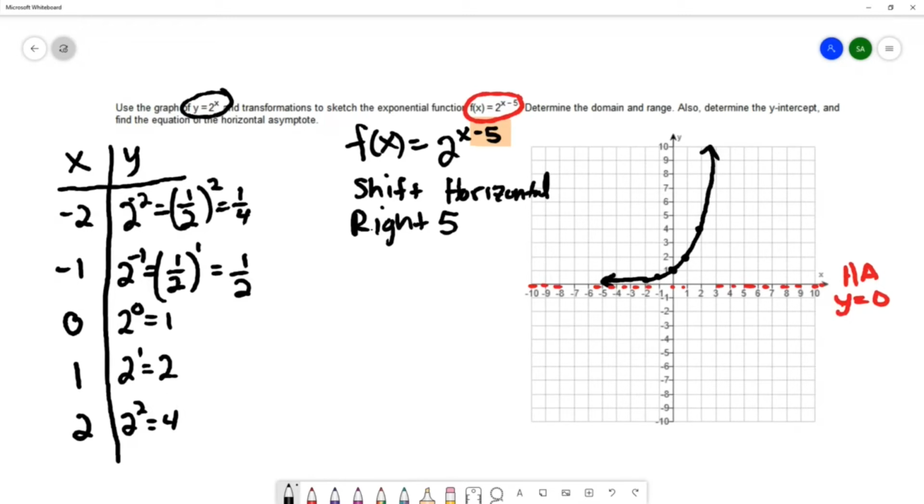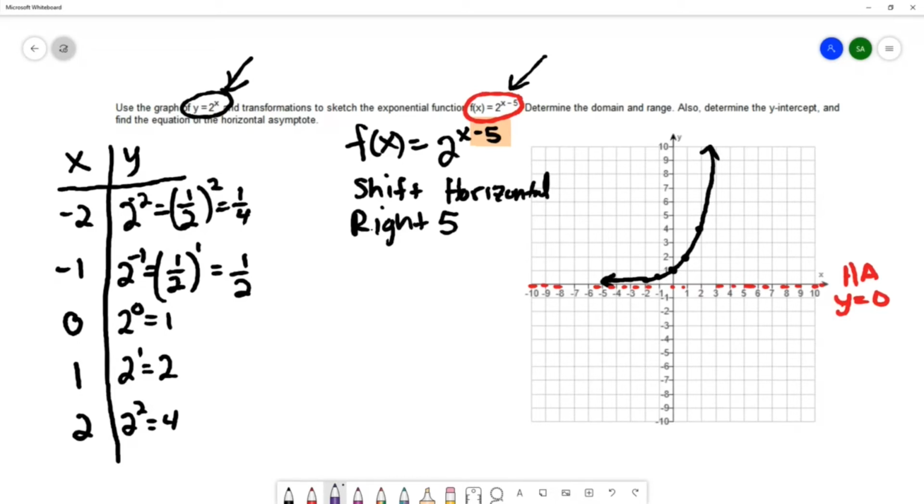So that means that all of the ordered pairs that I found on the graph of y equals 2 to the x will shift right to be on the graph of 2 to the x minus 5. So let's use a different color. How about this purple here? And I'm going to move each point to the right 5.